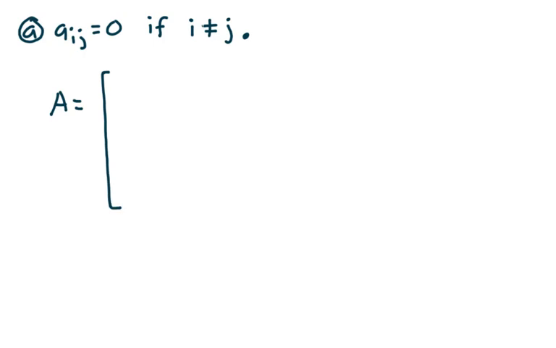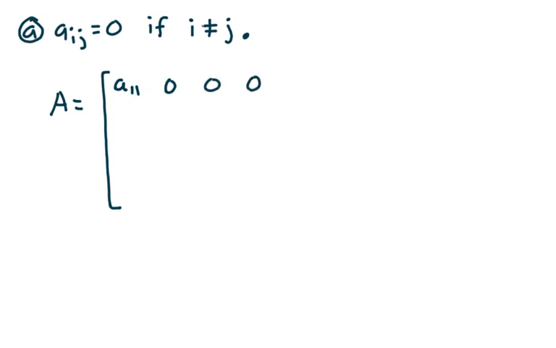Now, if we look at the first row, first column, I'm going to call that A11. Notice how the row equals the column. And so we don't know if that entry is 0 or not. And because we don't know, we're going to call it A11. But if we go the rest of the way, those are all zeros.